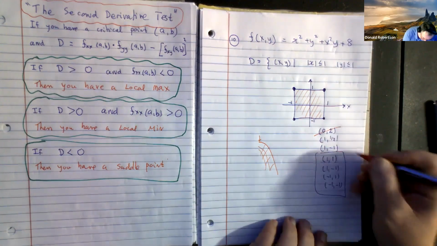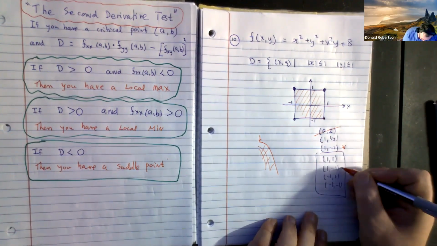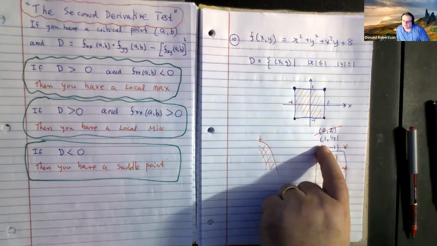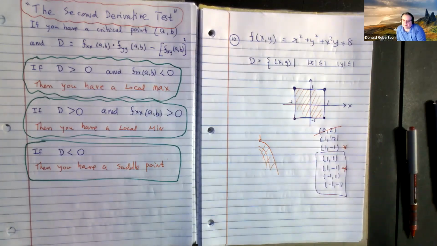Now, in this particular case, did you notice that that one happened to be one of the four corners? Right, so I wouldn't check it twice. So in this case, I would be checking these four guys and (1, ½). And then we could do our basic test to see local max and local min.